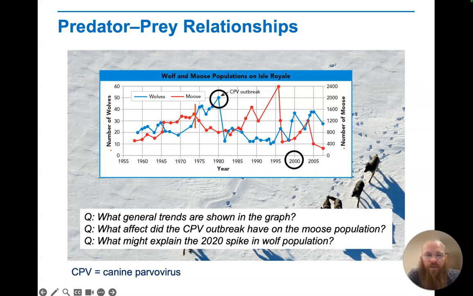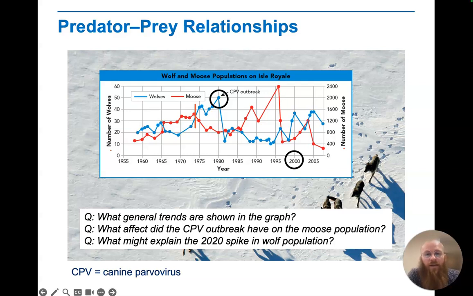So if we use this first example, as we have more wolves, more predators in an environment, they are going to be preying on the moose, and so therefore more moose will be hunted and killed. And so naturally, we're going to expect to see a decrease in moose population as more wolves are successfully hunting and surviving.